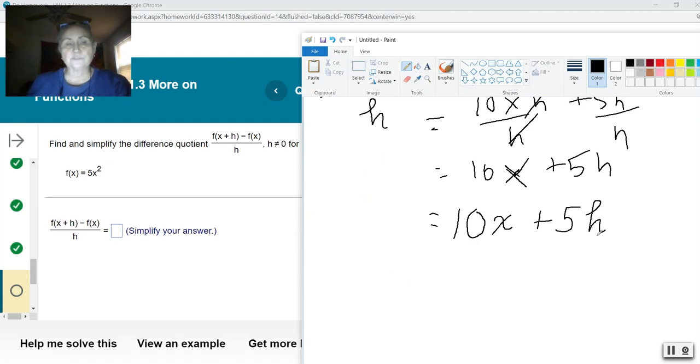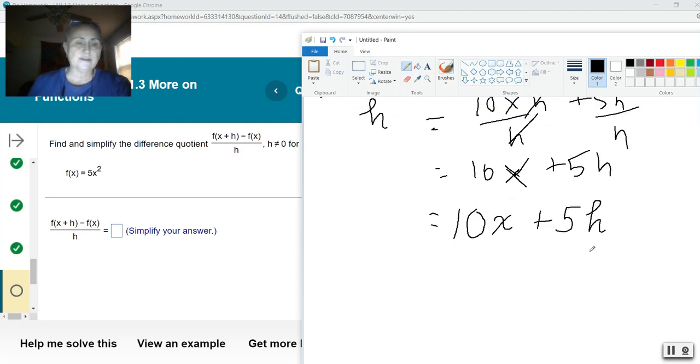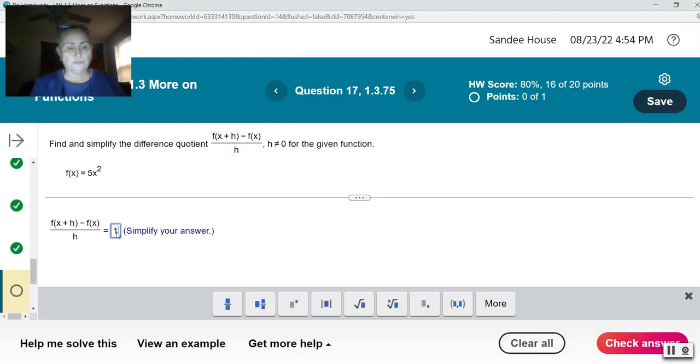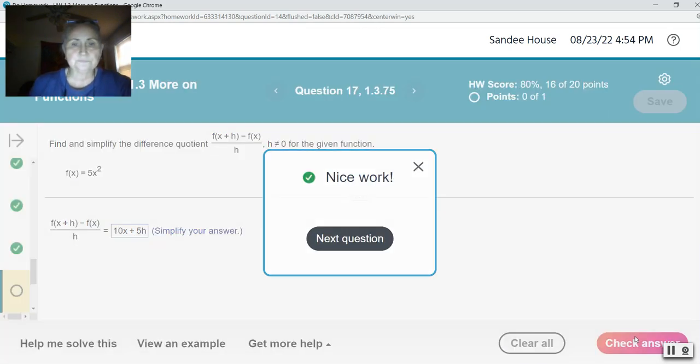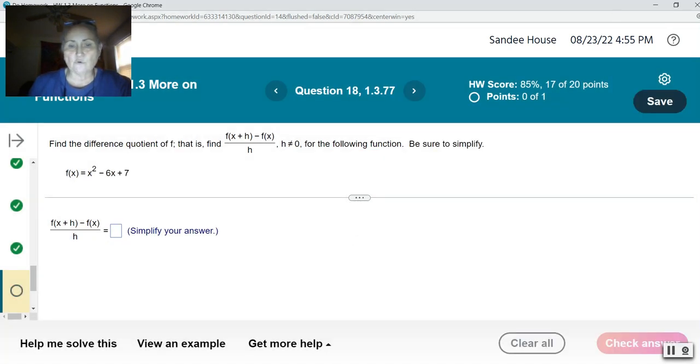Now, remember, I told you it was going to be 10x with maybe some h's left in there, and that's exactly what we got. We have to write the whole thing here. 10x plus 5h. Great. Okay. Now, let's go back and do it formally.